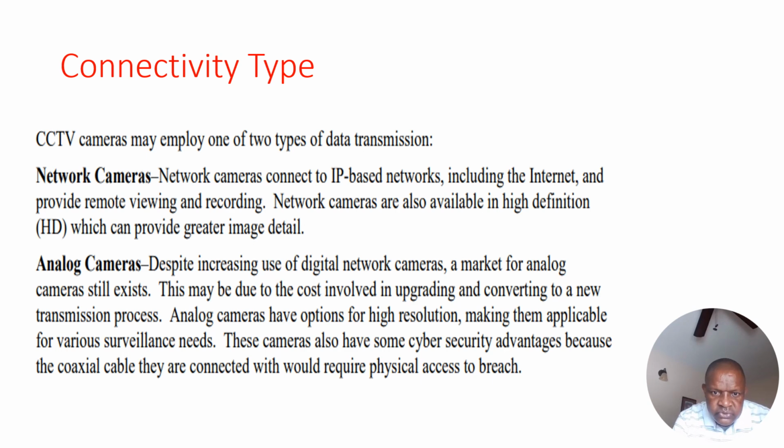These cameras also have some cyber security advantages because the coaxial cable they are connected with would require physical access to breach. So you can see one advantage of an analog system compared to a fully internet protocol system.